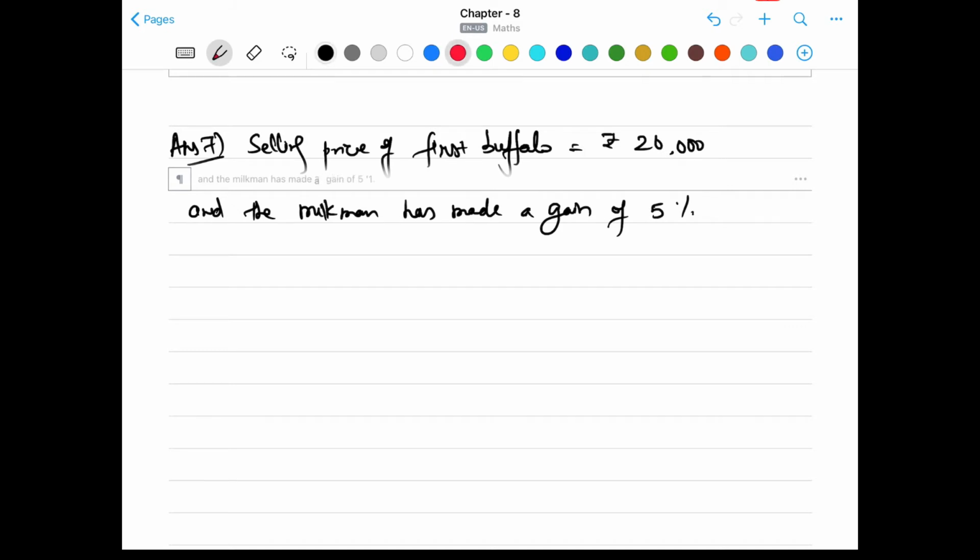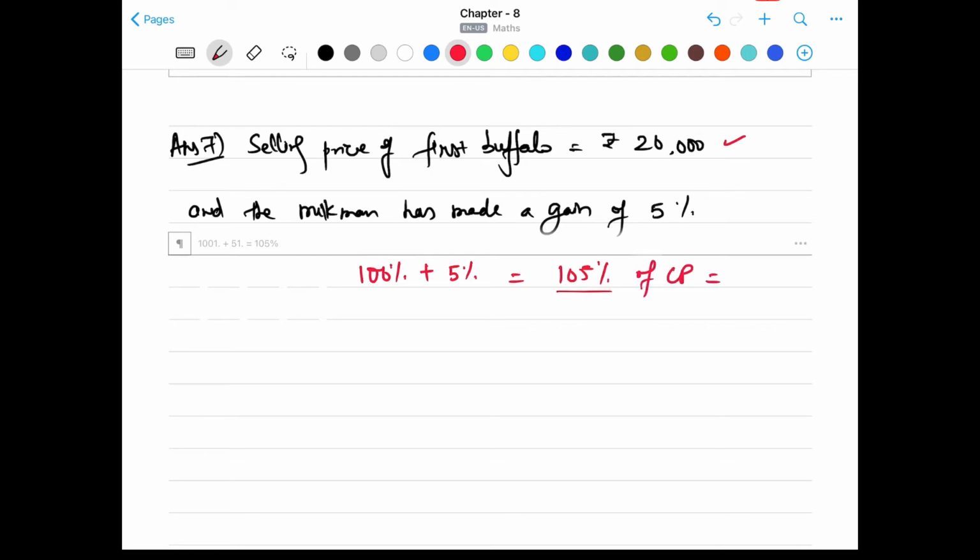Selling price is calculated by, first we have the cost price, which is 100%. As he is gaining 5%, that profit will be added to it, so we get 105%. So 105% of the cost price equals the selling price, which is 20,000.